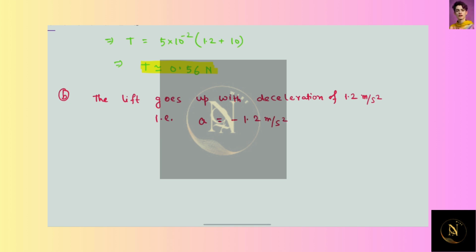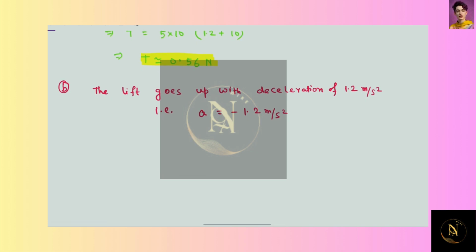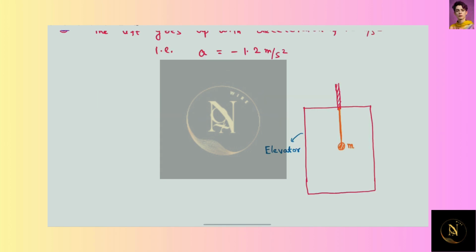This minus sign implies that the lift is having some deceleration. So in this case, the object is decelerating in the upward direction, with a deceleration of 1.2 meter per second square. Equivalently, we can say that the lift is having some acceleration downward.